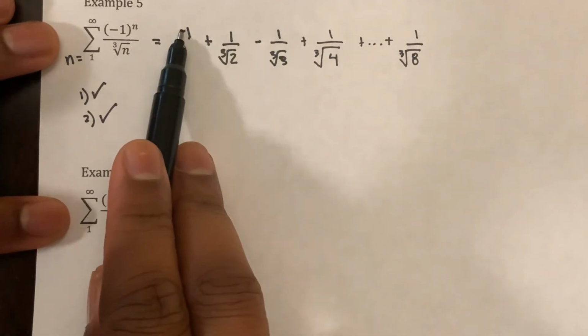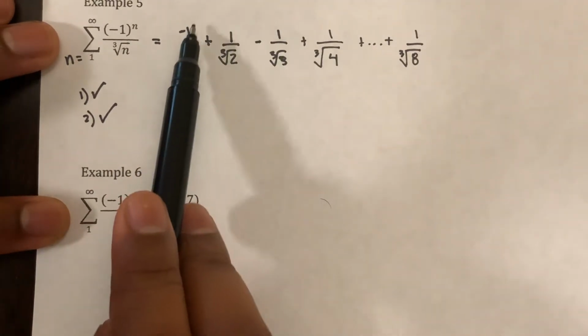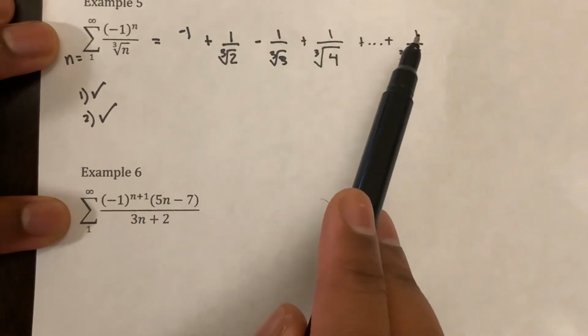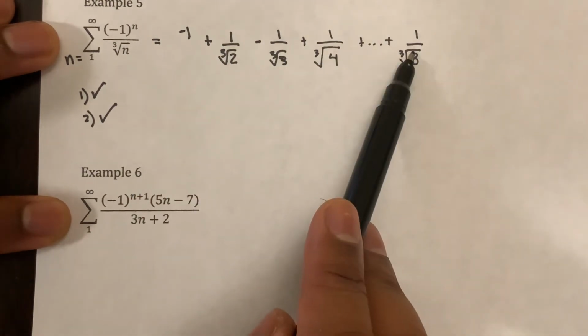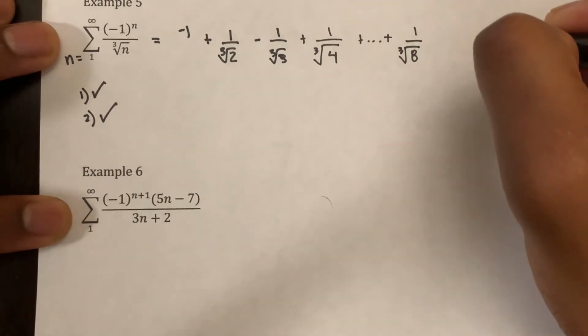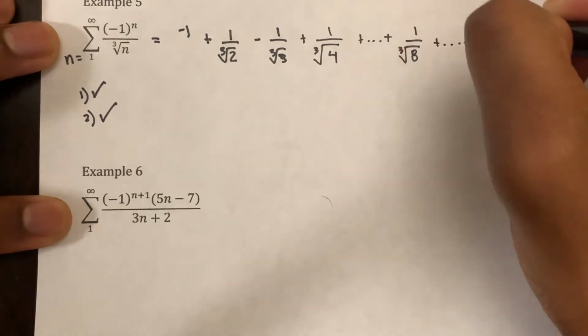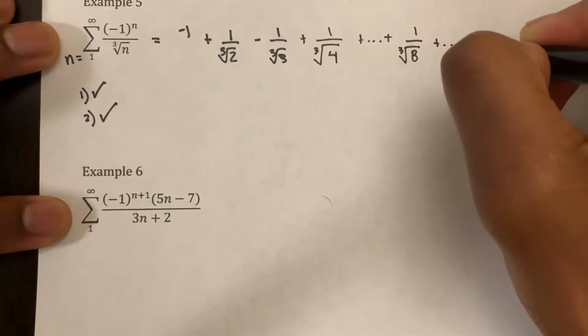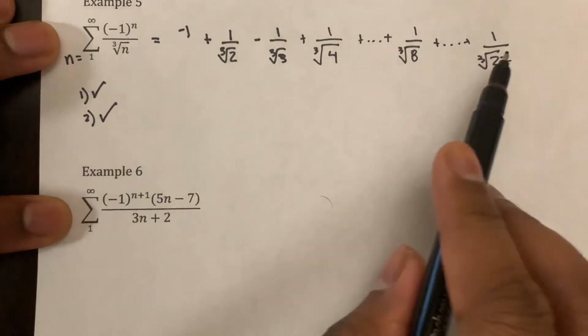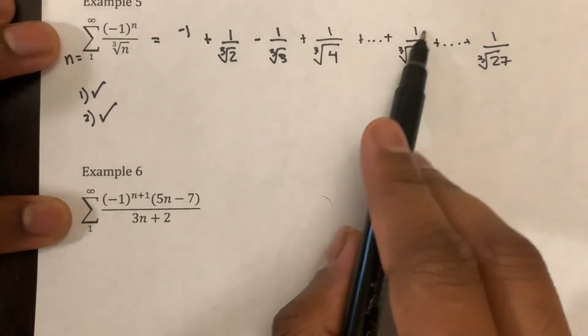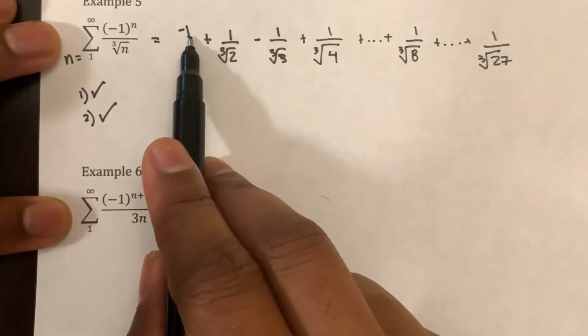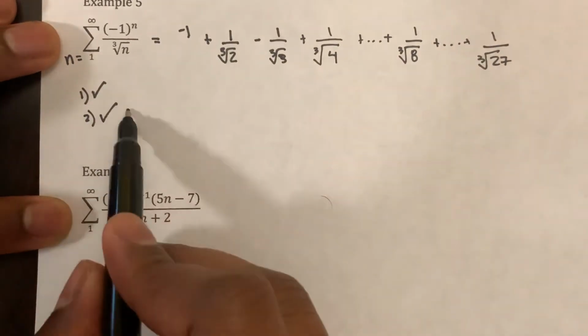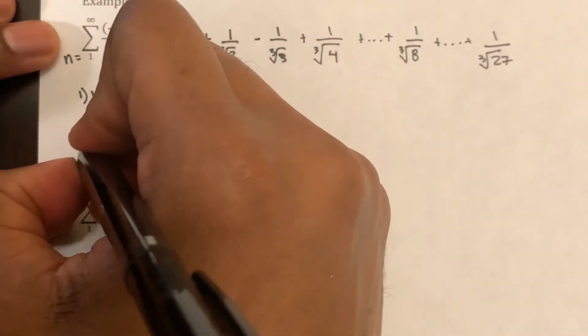So if you ignore the signs, 1 is greater than a half. If we go out to 27, then you're going to have 1 over the cube root of 27, which is a third, and that's less than a half, which is less than 1. So ultimately, these decrease in magnitude.